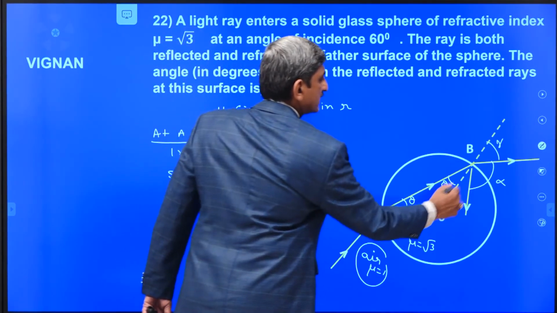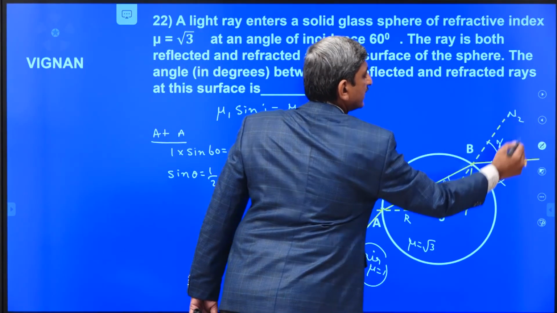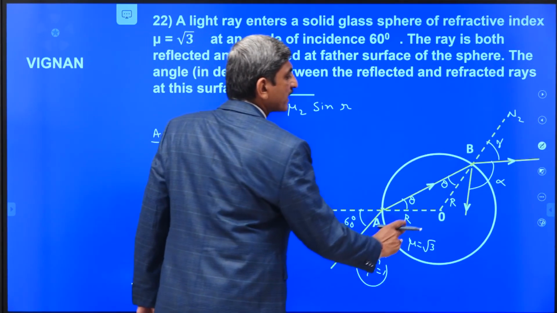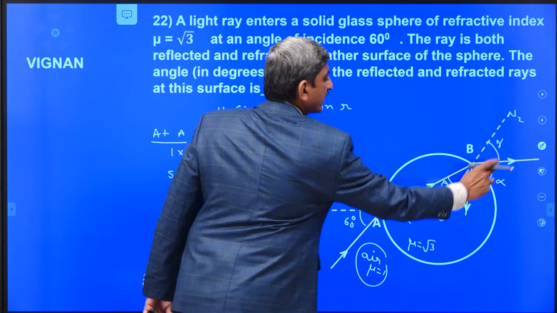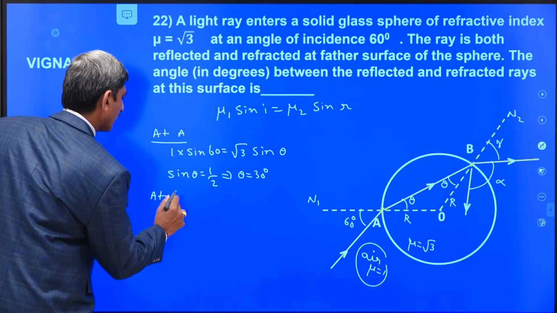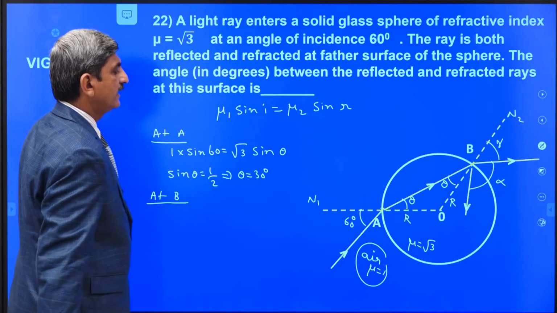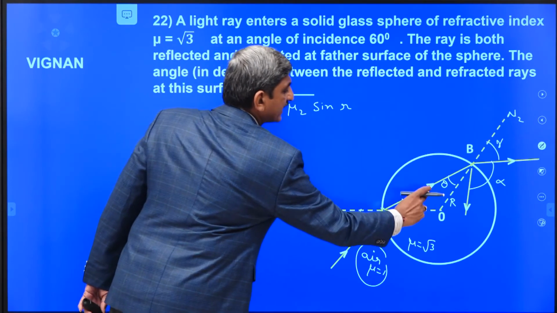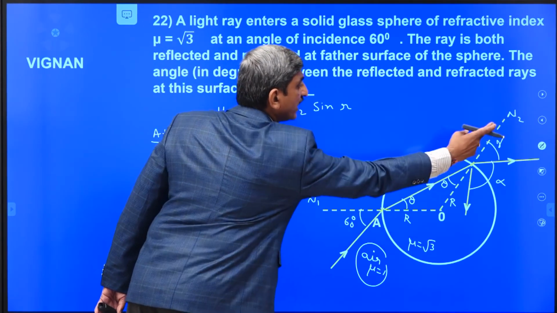Now this ON2 is the normal at the second surface. Now again let us apply Snell's law at point B for the refraction. So at B, what can we write? At B again mu1 sin I is equal to mu2 sin R. Here the light ray travels from the glass to the air.